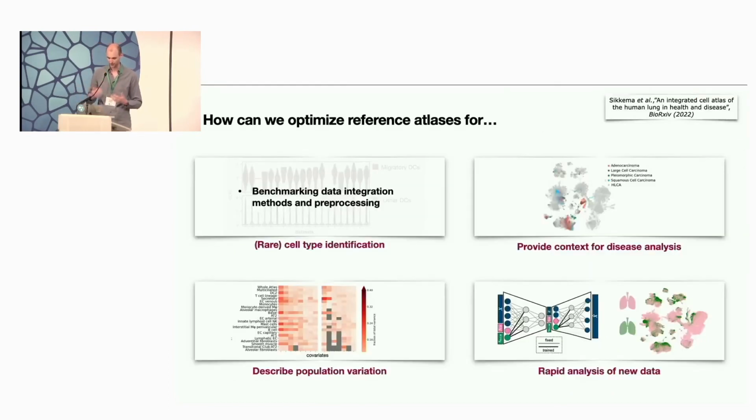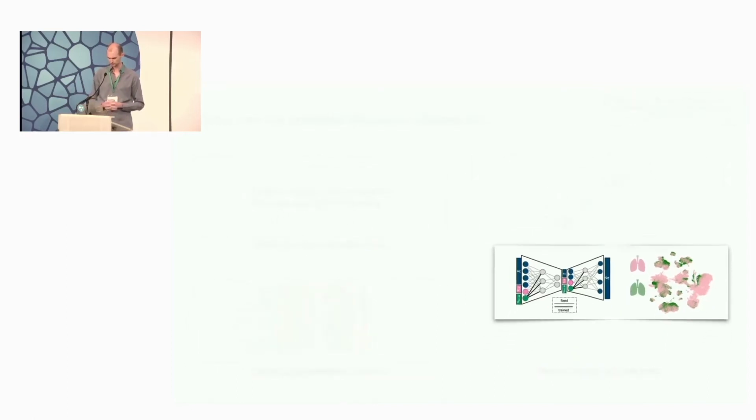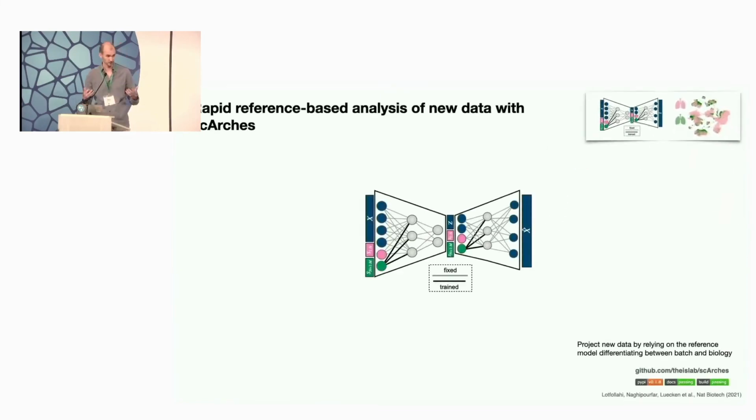So our solution for rare cell type identification has been to benchmark data integration methods. But what about some of the other use cases? Specifically, we've also heard yesterday about scArches, a method we've developed within the Theis lab, which I've contributed to as well, to map new data sets on top of existing reference atlases.